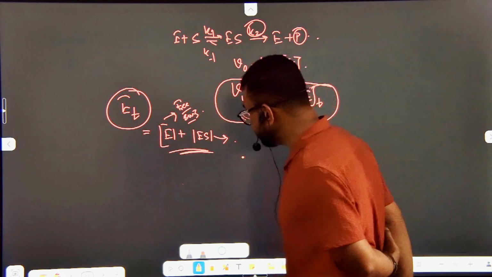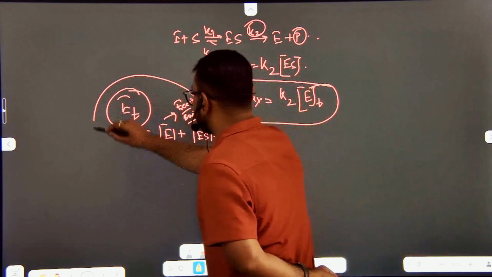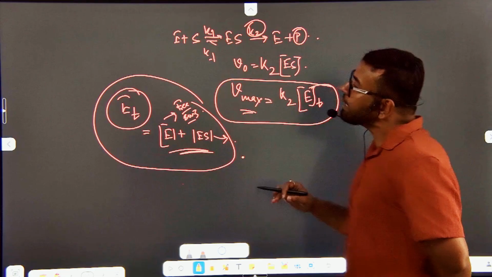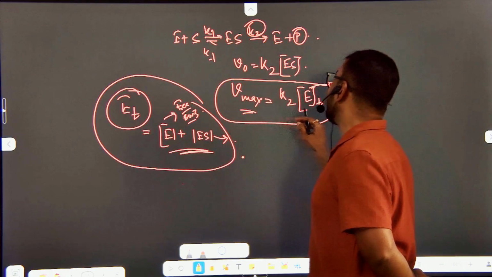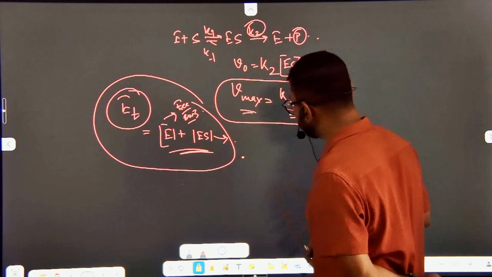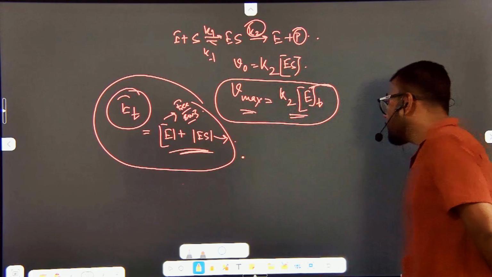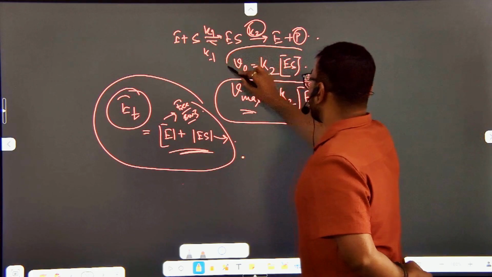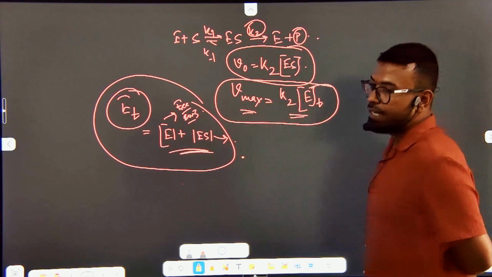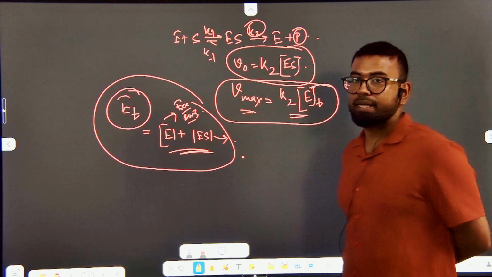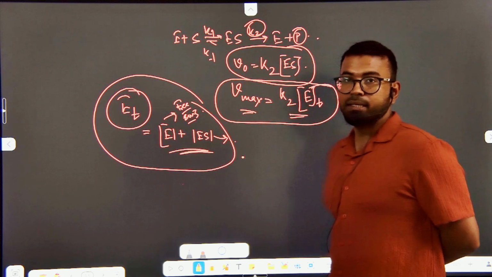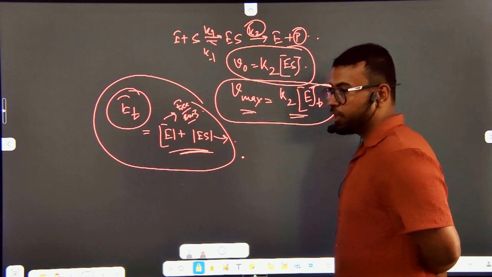From this, the final velocity of an enzymatically catalyzed reaction should be K2 into ET. Clear? And V naught equals K2 into ES. These are very important aspects that should be taken into consideration, as any kind of mathematical question can arise from these equations.